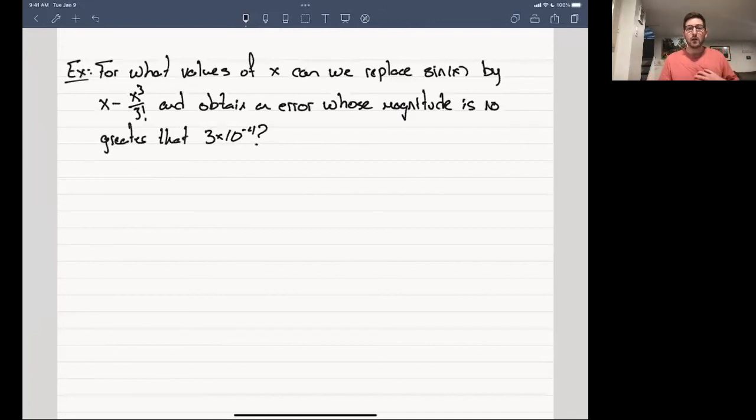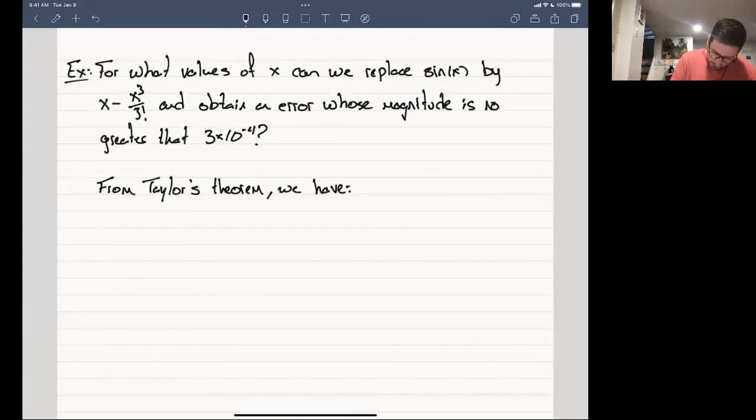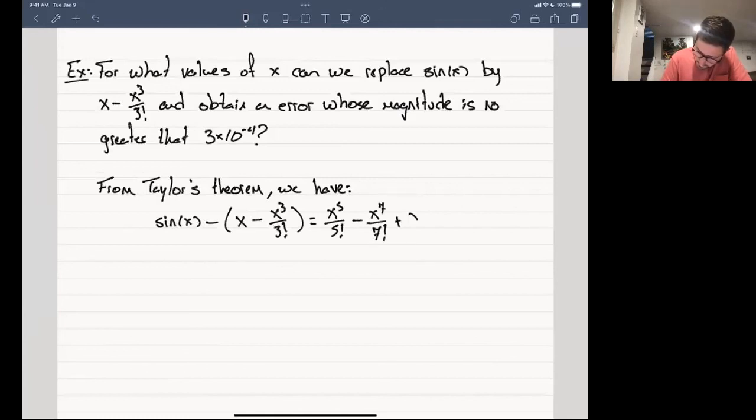Okay, well, from Taylor's theorem we have that sine of x minus x minus x cubed over 3 factorial is equal to, so we're going to go up to the next term in this series, x to the 5 over 5 factorial minus x to the 7 over 7 factorial plus x to the 9 over 9 factorial.